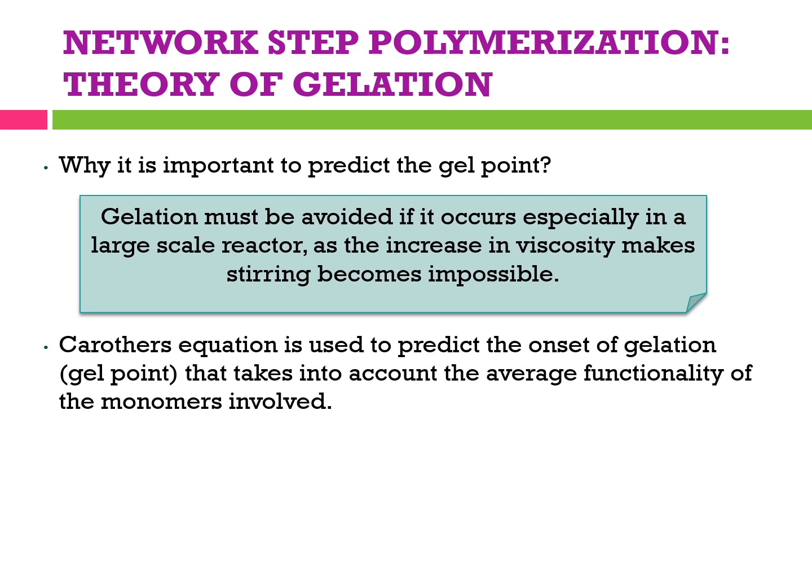This is because if gelation is too much, there will be an increase in viscosity, which makes stirring impossible, and therefore it is difficult for you to produce polymer with very high molecular weight. So to predict the onset of gelation, also known as the gel point, we can use the Carothers equation that uses the average functionality of the monomers involved.